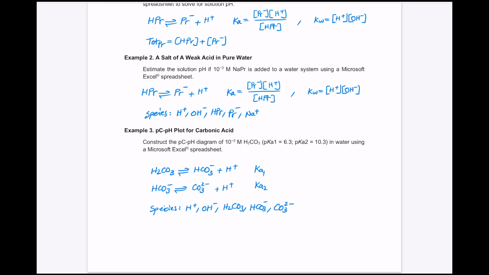Since this is added as the acid itself, not a salt of the acid, we don't have any other ions such as sodium or potassium. But if it was added as, for example, sodium carbonate or even sodium bicarbonate, then we would have more of those ions in the speciation and obviously in the charge balance.